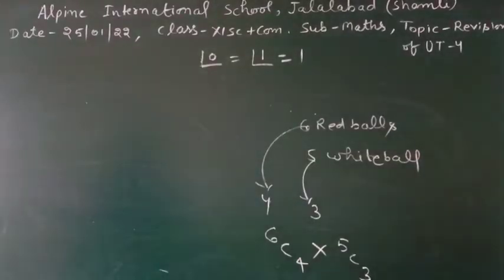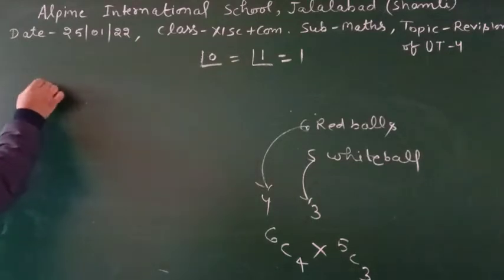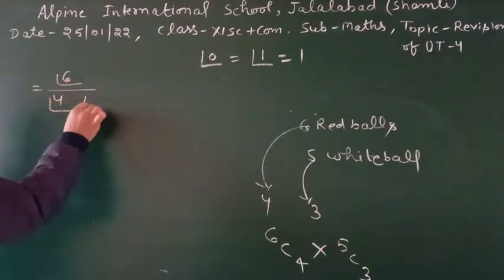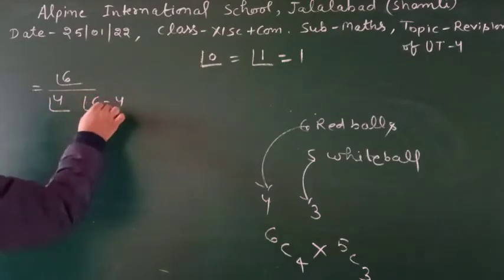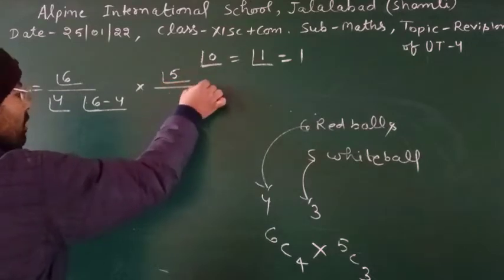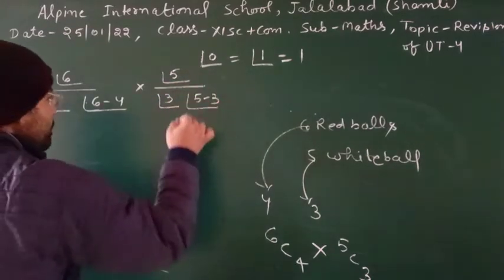Now open these two and find the total number of ways by which you can select these balls, and this will be 6C4, which can be opened as factorial 6 upon factorial 4 into factorial 6 minus 4, multiplied by factorial 5 upon factorial 3 into factorial 5 minus 3.